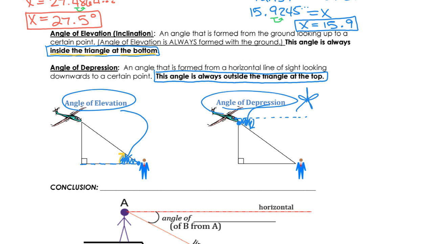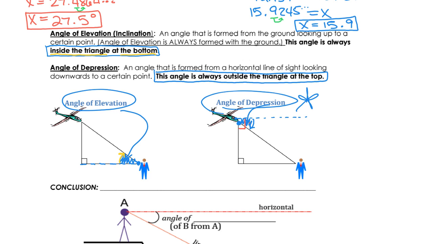So there's one of two things that you can do to get the angle inside, and then you can use it. You can realize that up here is a 90-degree angle, and whatever this angle is that the pilot's looking down at the man at, let's say it's 30 degrees, well, you just do 90 minus 30, and now you have the remaining part of the angle inside the triangle.